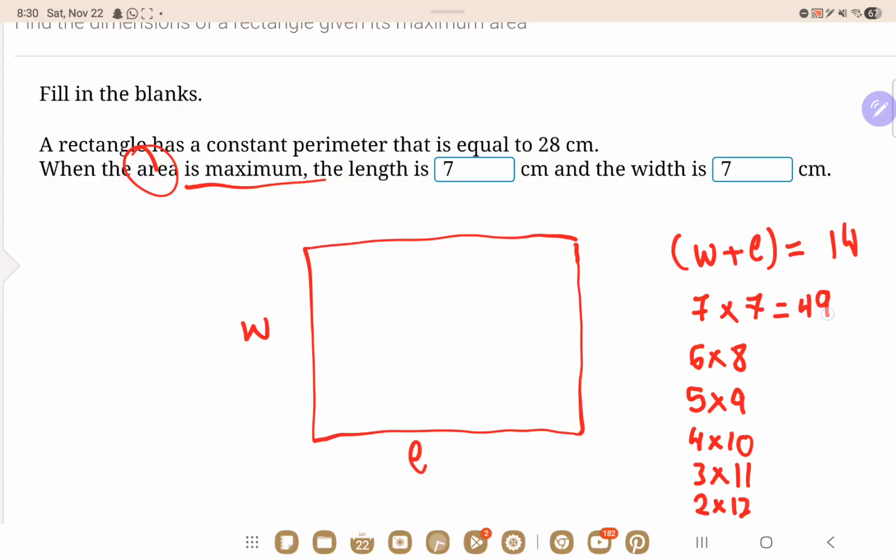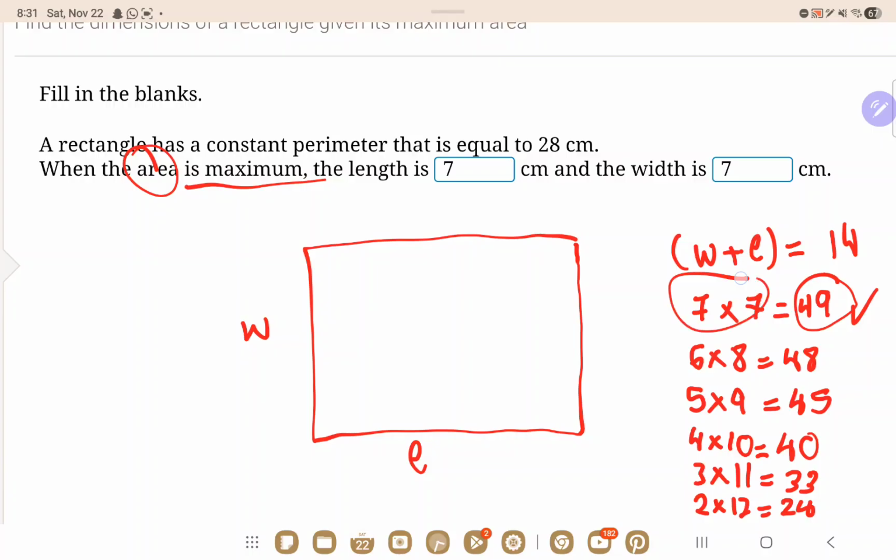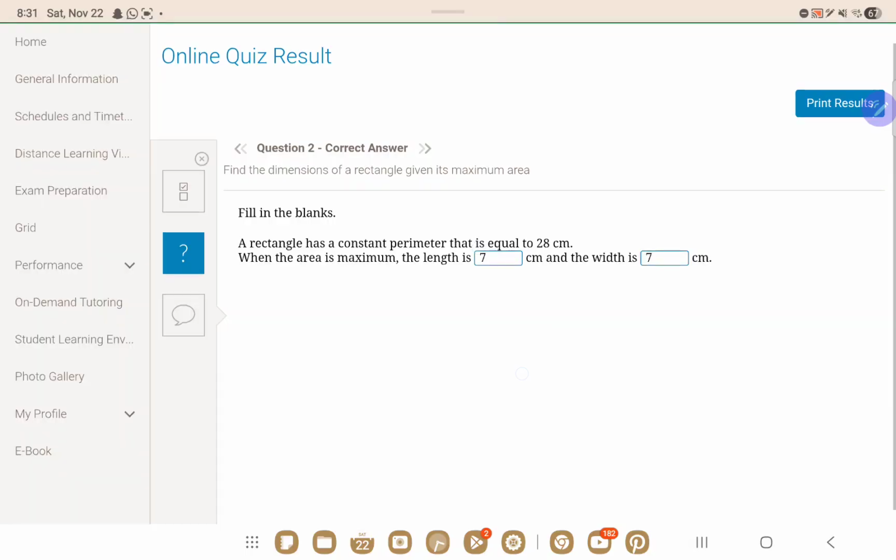So this gives us 49, 48, 45, 40, 33, and 24. In which case do we have the area as maximum? It's the 49, of course. So our length would be 7 and our width would be 7. And that's it. Moving on to the next question.